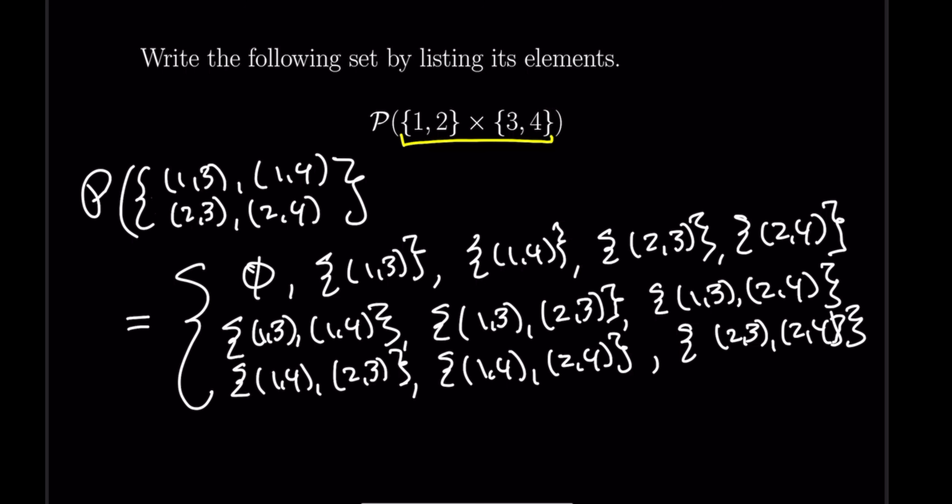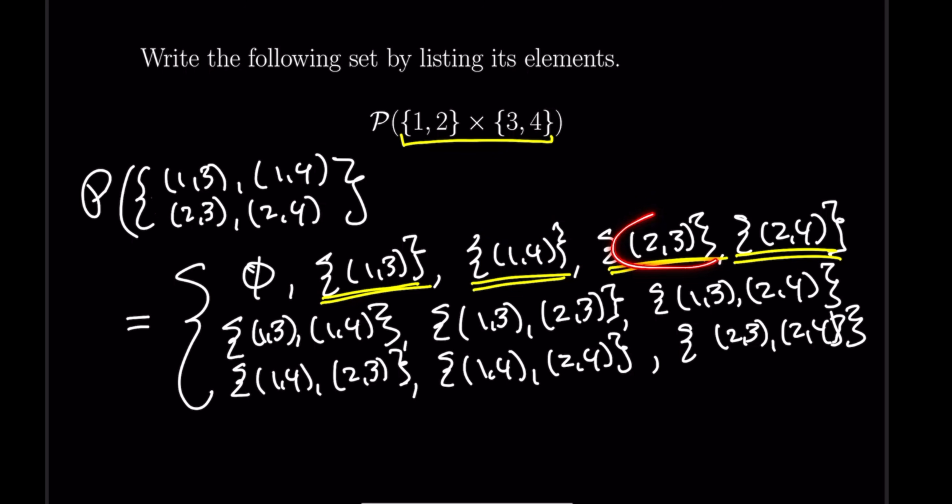So now we need sets containing 3 elements, but I'll let you write those down on your own. They're actually easy to calculate just by looking at sets that do not include these elements. So we'd take all of the ordered pairs except 1, 3. That would be one of the sets. All of the ordered pairs except 1, 4, that would be one.